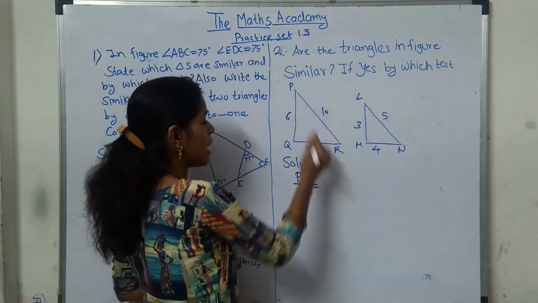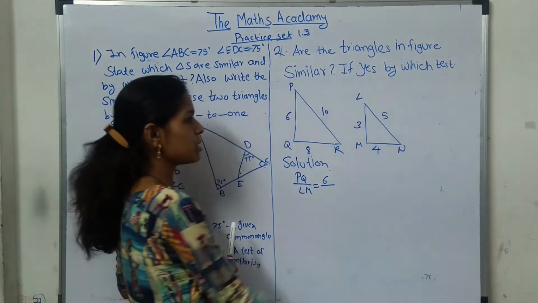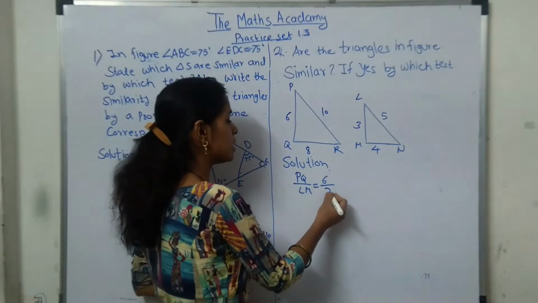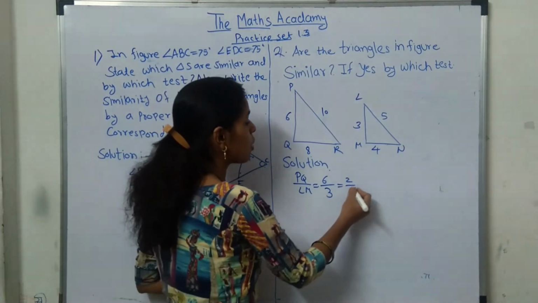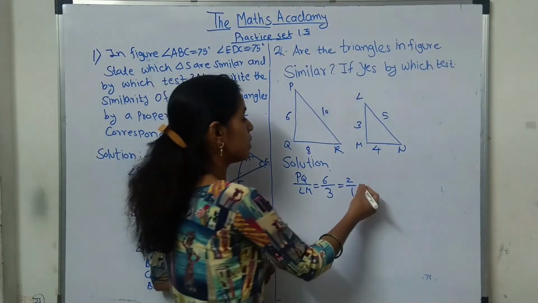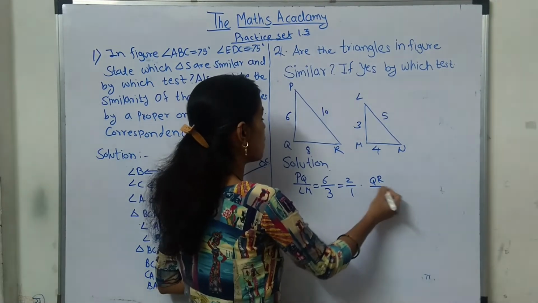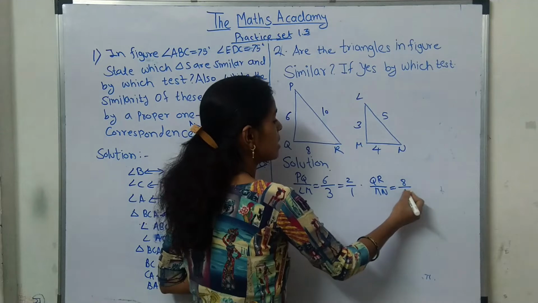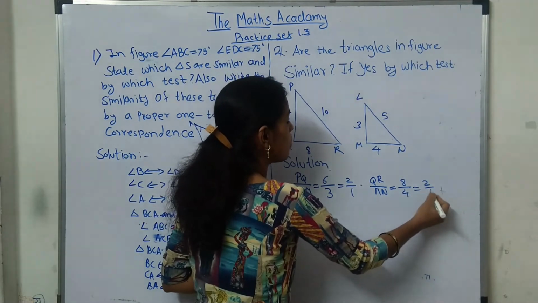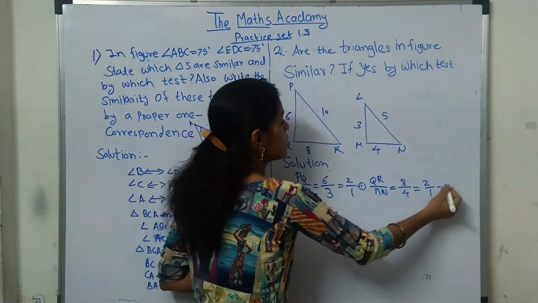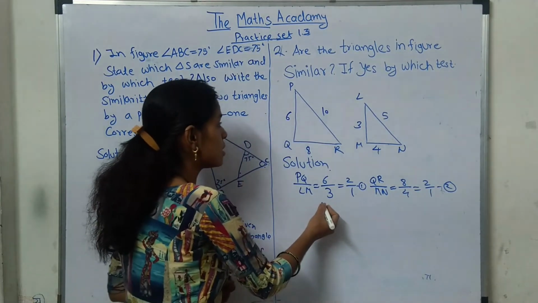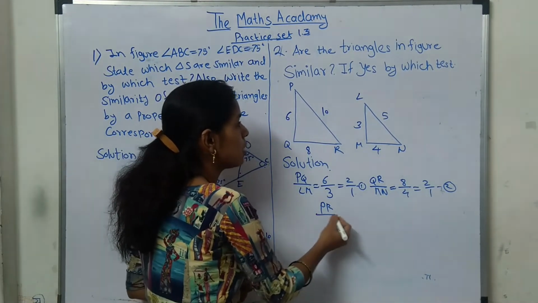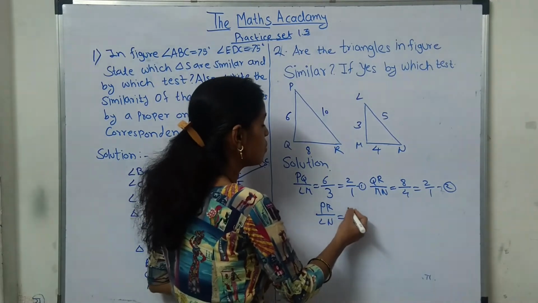The measurement of PQ is 6 and of LM is 3, so the ratio is equal to 2 upon 1. Then QR upon MN: QR is 8, MN is 4, again equal to 2 upon 1. And the third side is PR upon LN, which is equal to 10 by 5.